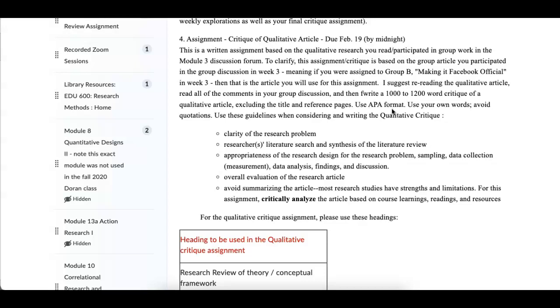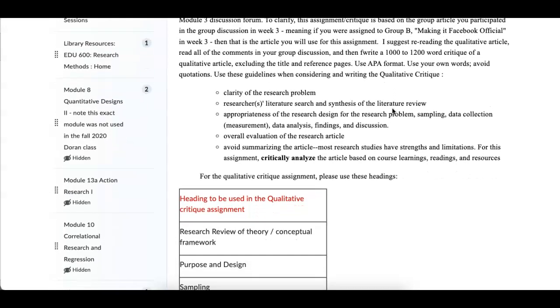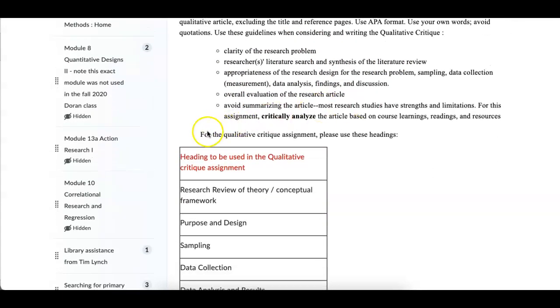In this case, you're going to have the article, and you may reference anything else you pulled your information from, including the textbooks. Oftentimes, people have 2 references. They have the article, and then they have the textbook reference. You can use the guidelines from week number 3. You can take a look at those.